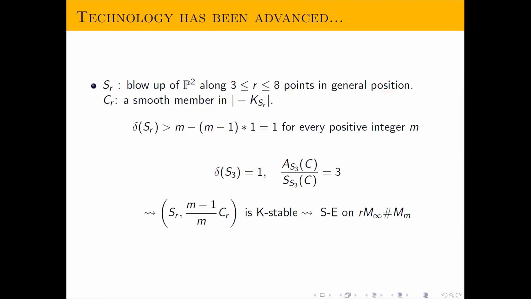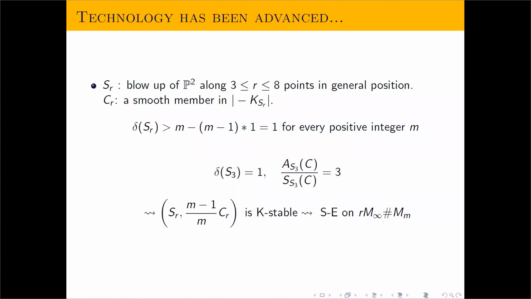All right, let's get back to this work. They consider r points in general position and blow up, and then they consider a smooth member in the anti-canonical linear system.